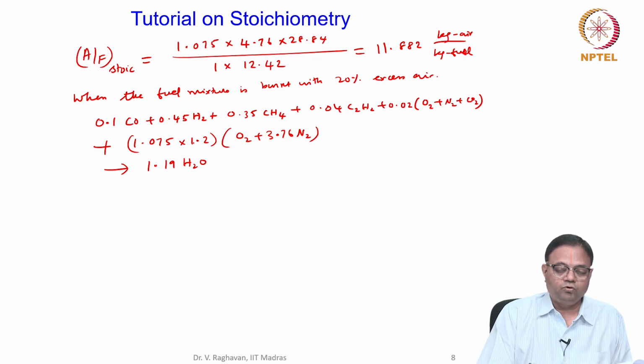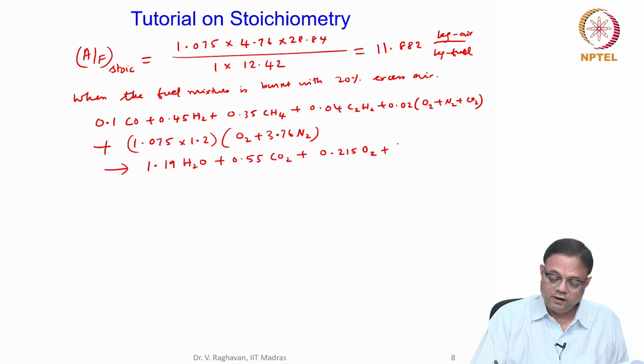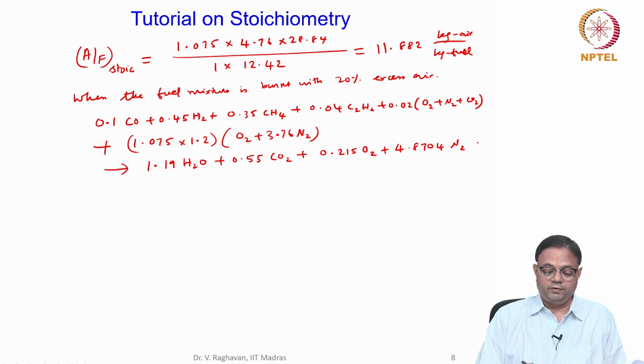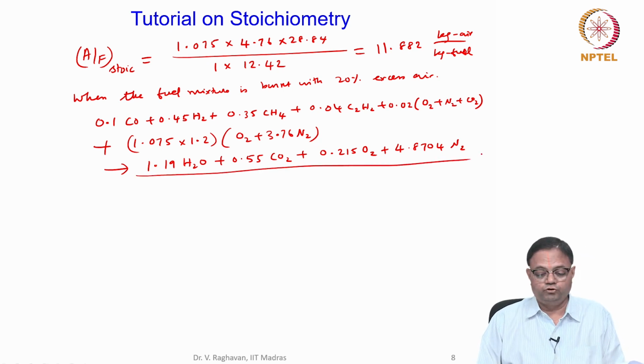Air is in excess, so the excess nitrogen and oxygen will appear in the products, plus 0.55 CO2, no changes here. But you will see the excess oxygen supplied comes out as O2 in the product, and the number of moles of nitrogen has increased slightly because of the excess air coming in. So this is the product stream or the product composition.